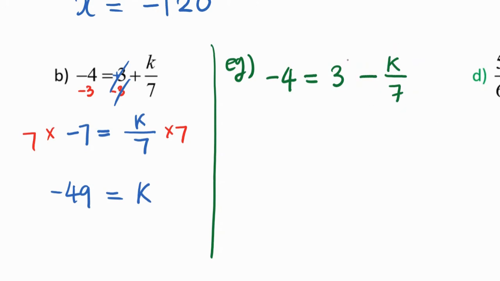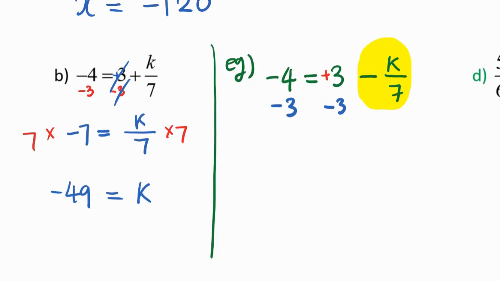Okay? Then what is the sign of 3? Right, that is positive. That is plus. Okay? What we want to do is isolate the term with k, including the negative sign. This is the term with k. To do that, we have to get rid of this number by subtracting 3.